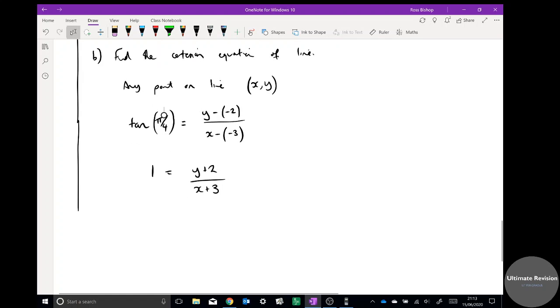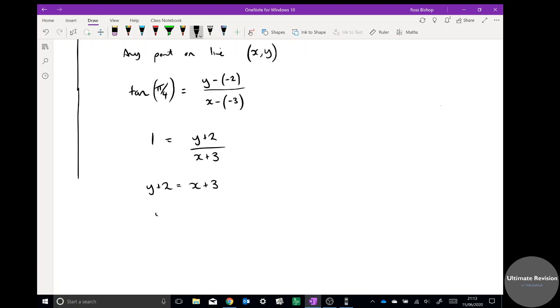If I rearrange that equation slightly, I just get y plus 2 equals x plus 3. So y is going to be x minus 5. Is that right? No, not x minus 5. It's x plus 1.